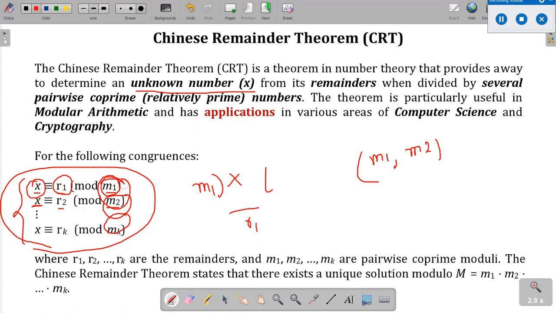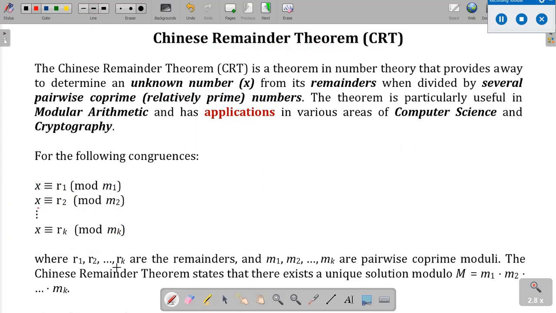So if these m1, m2 up to mk are relatively co-prime, then we will use this theorem to find the unknown number x. यदि m1 m2 co-prime है, m2 m3 co-prime है, m3 m4 co-prime है, ये सारे m1 m2 up to mk co-prime हो और उनके ये रिमाइंडर्स दिए हुए हो, तो हम इस x को अननोन वैल्यू को फाइंड आउट कर सकते हैं इस चाइनीज रिमाइंडर थ्योरम के हेल्प से.